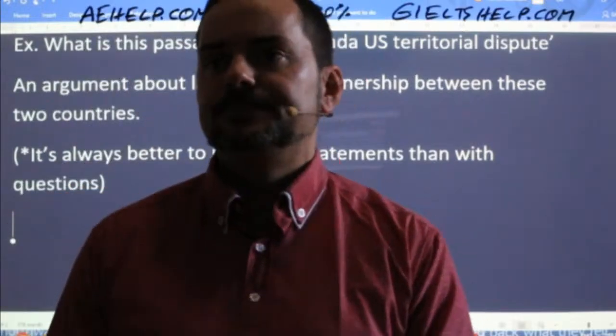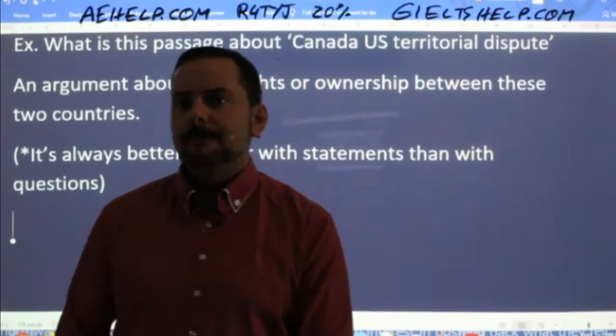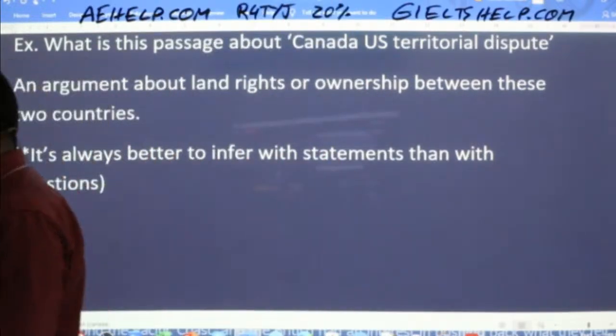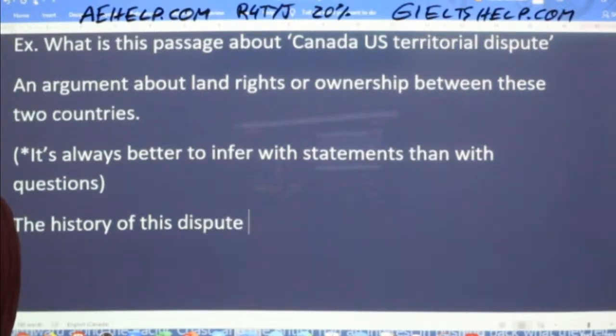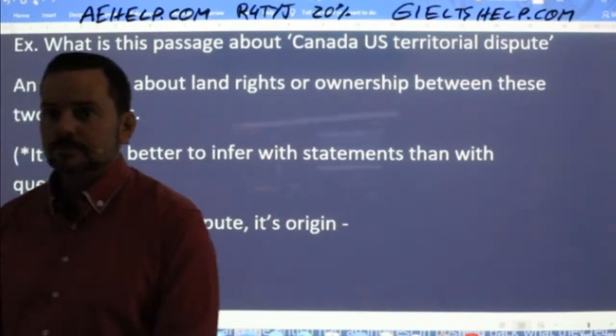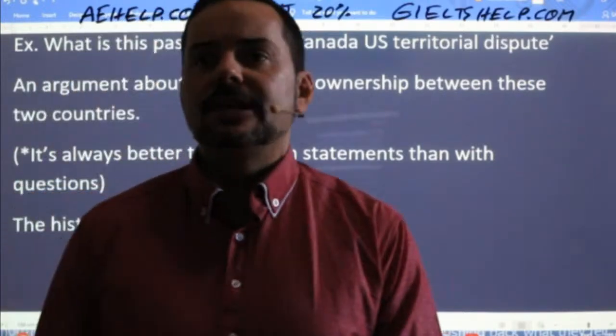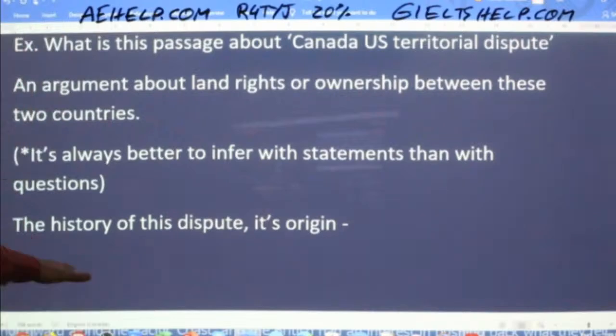So when I think of how it starts, I would write something like the history of this dispute, its origin. Okay. So see, it's not a question, it's a statement.